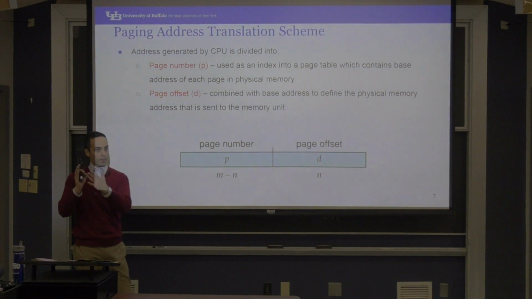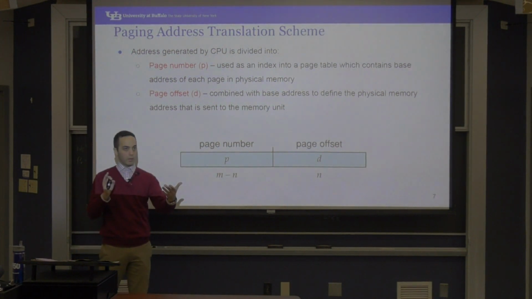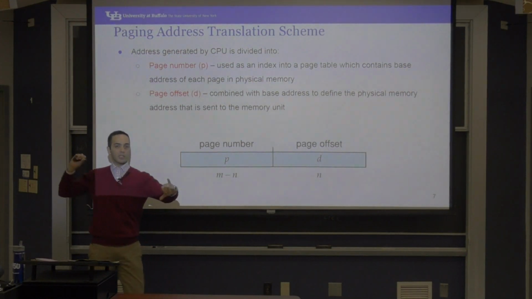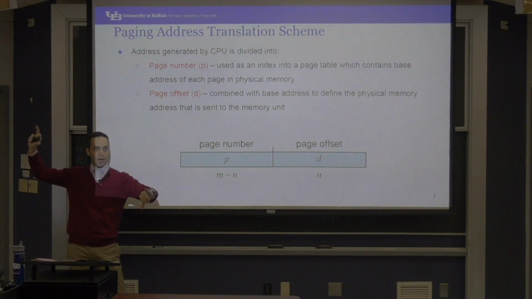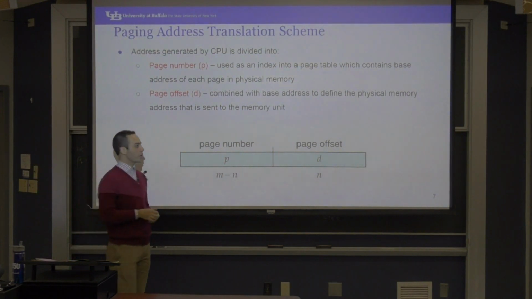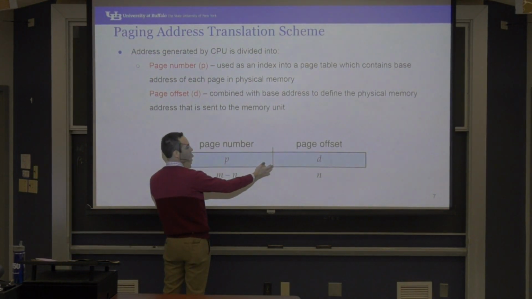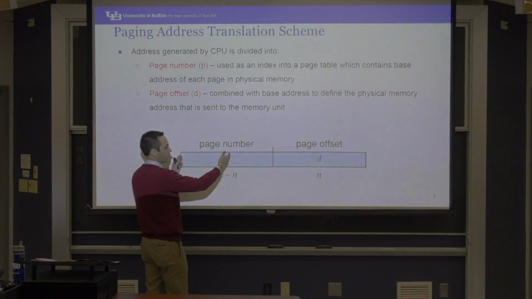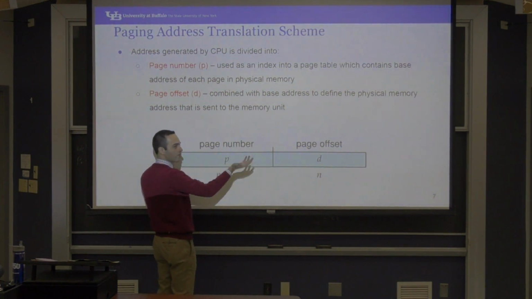And also, each entry needs to point somewhere in physical memory, right? But because each page and frame should also be of the same size, right? When you are mapping this number, you map it to the same size number, right? So you don't map like a 10-bit number to a 15-bit number.